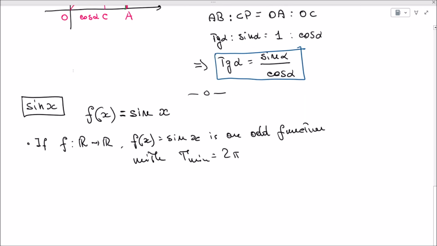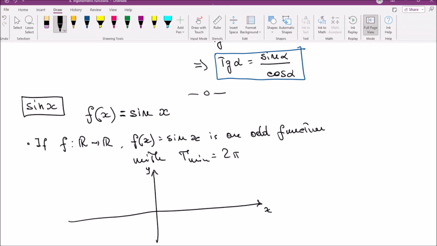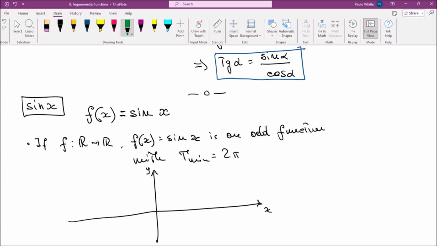And in fact, the graph of this function is the following.